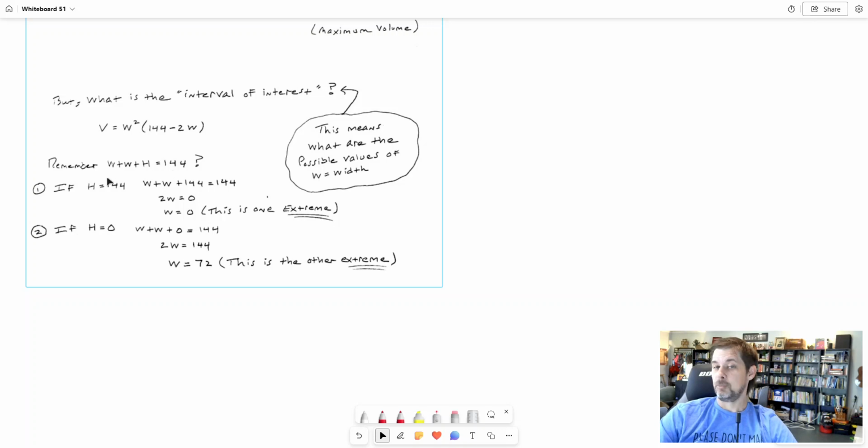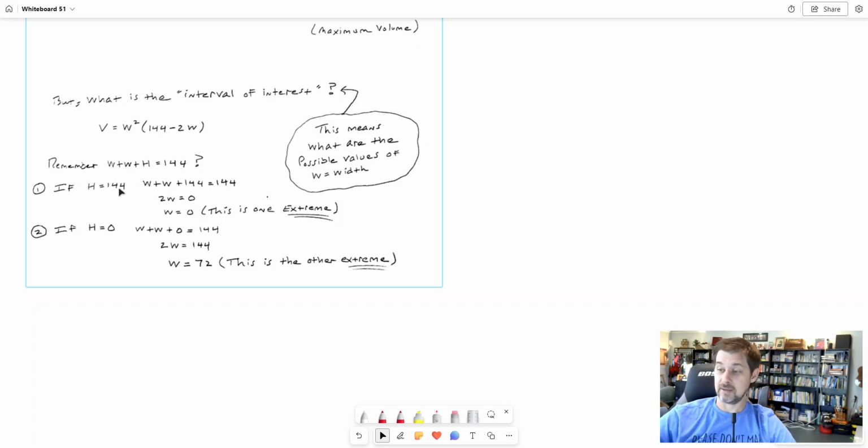Like, what is the biggest? I want to focus on the height because there's just one of that there. And I want to tell you what the possibilities are for the width. So what's the biggest that the height could actually be under this condition, that the sum of all the sides is 144? So I'd say 144.